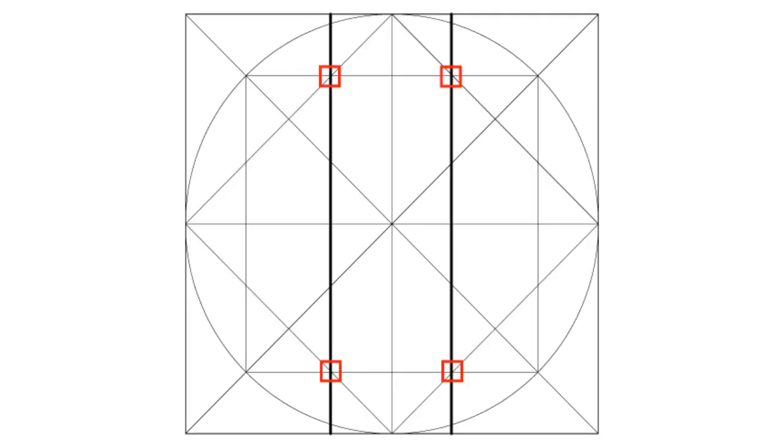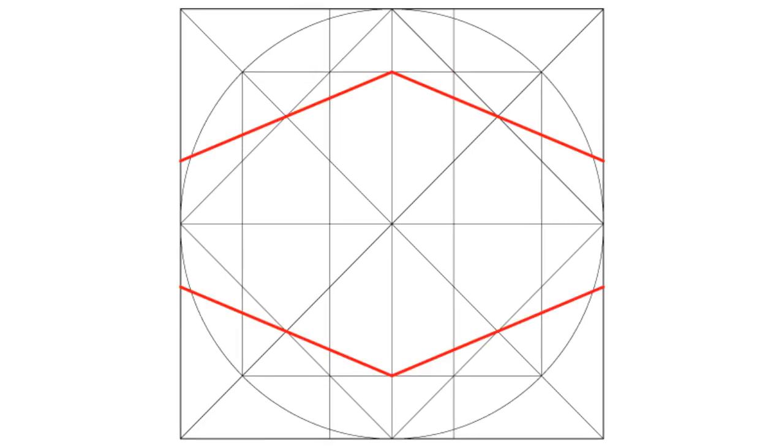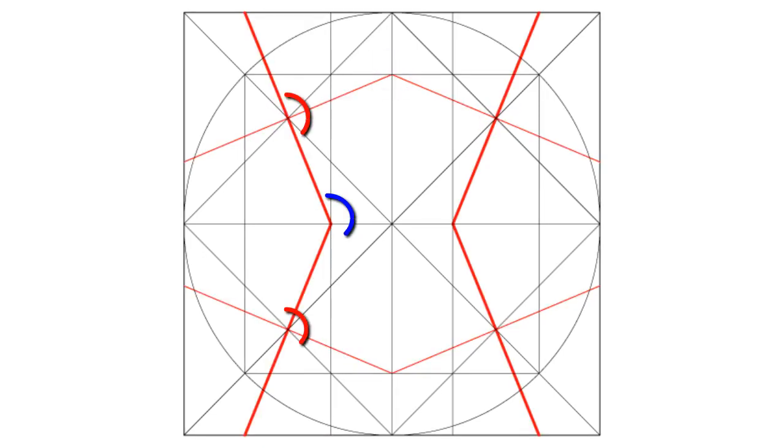Those 2 overlapping squares give certain intersections, which in this case are indicated with red squares, and with those intersections we draw these red lines. The blue and the red circles indicate where the lines pass through. So red lines like that, and then red lines like that.